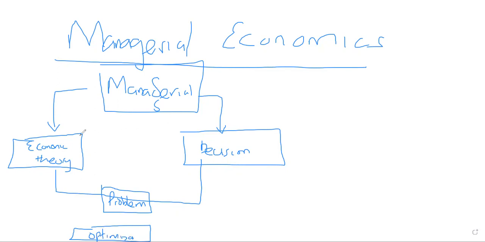So managerial economics is a decision science which integrates or brings together economic theory and decision sciences to solving a managerial problem optimally. So we're going to look at what we call consumer theory, demand theory, production theory, cost theory. These are the main theories we're going to look at in here.